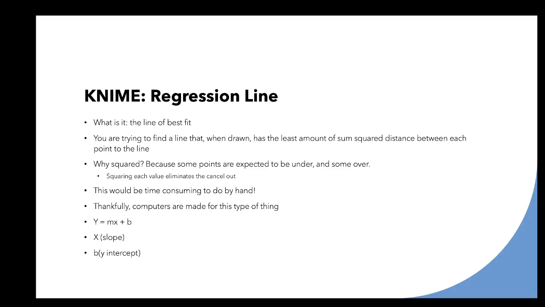And then it tries the next one, and that one gives us, say, 54. Discard the 54, keep the equation that gives you 29. 29 is the new minimum. Keep repeating that until you get a minimum value for all these items, and then return that line as the line of best fit.